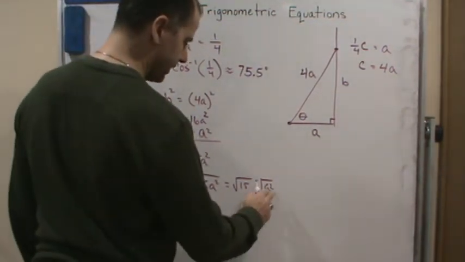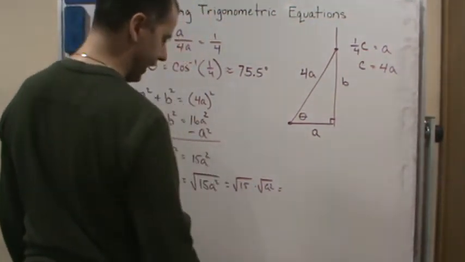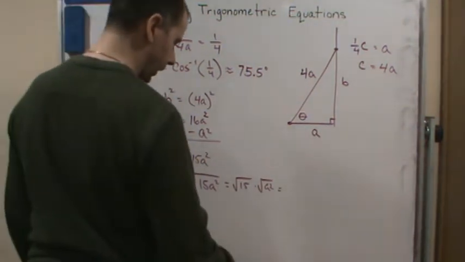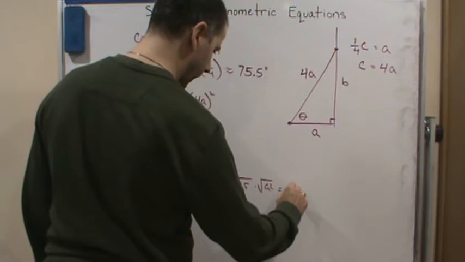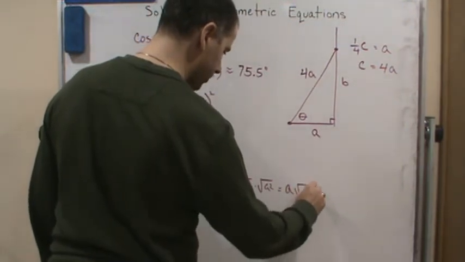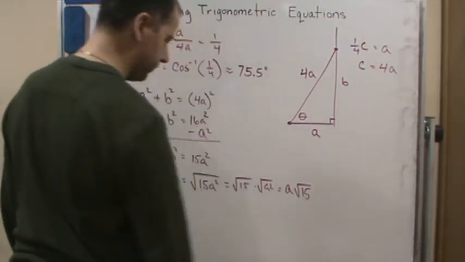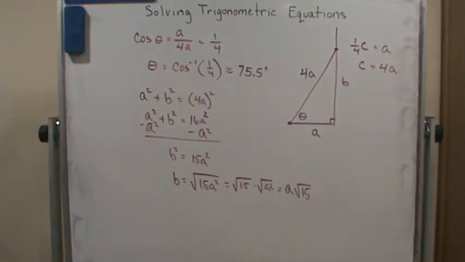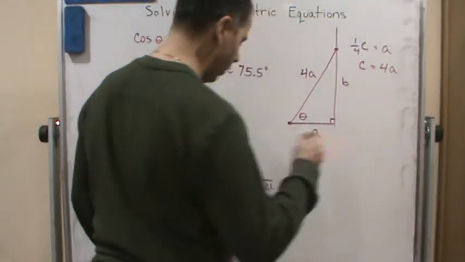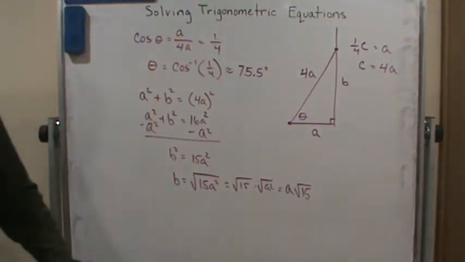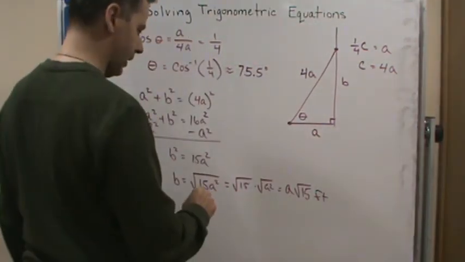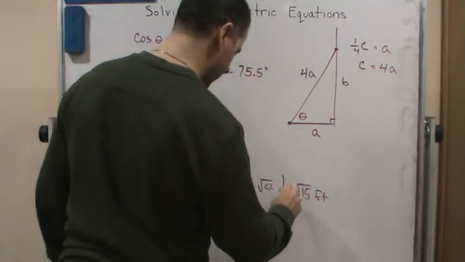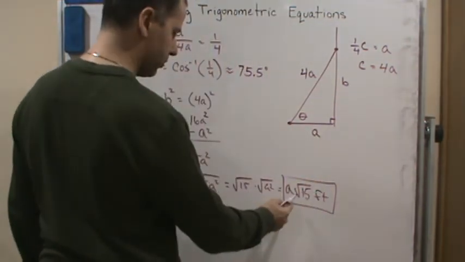And again, since a is positive, we don't have to worry about the absolute value. And so this is going to be equal to a times the square root of 15. This is in feet. So this is B, and again it's related to A.